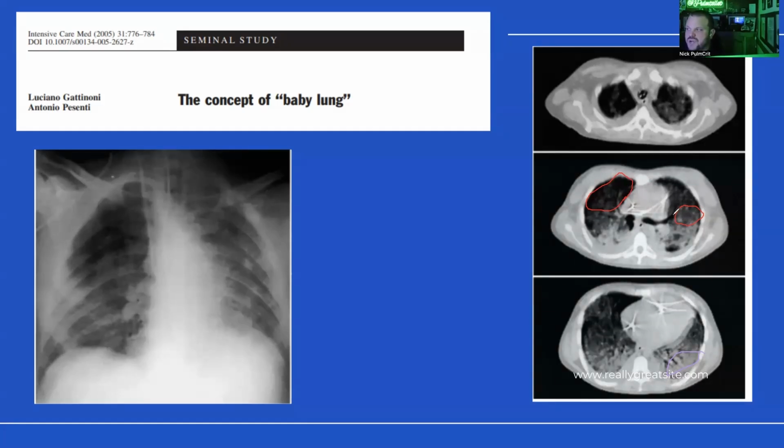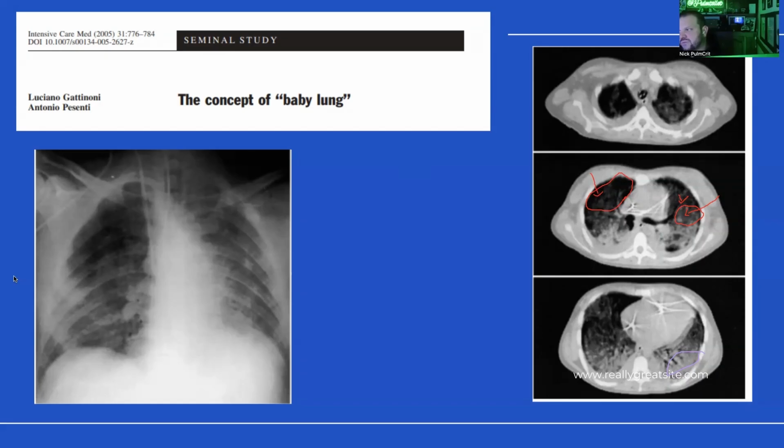And you also do not want to damage the lung that you can possibly recruit. The idea with PEEP is that you want to, again, not damage the baby lung, but you also want to recruit this recruitable lung.